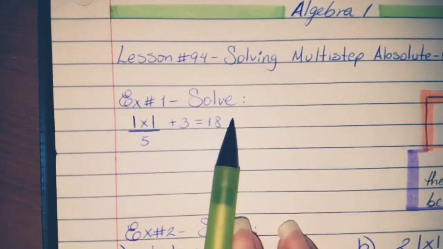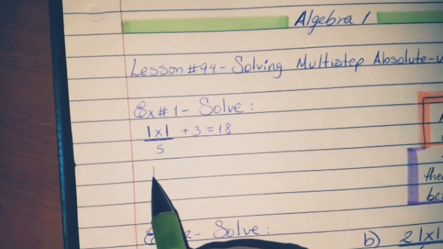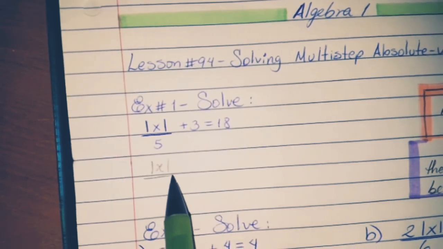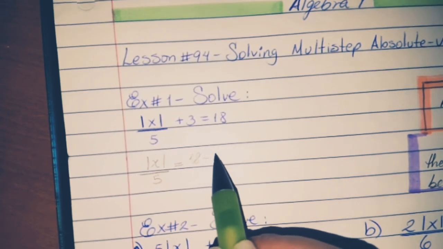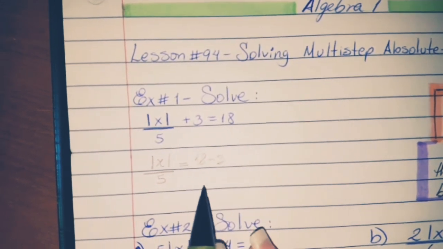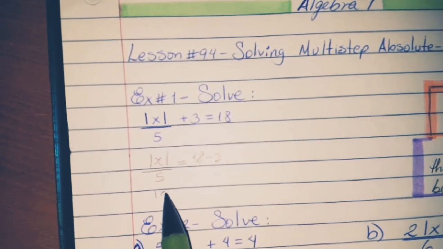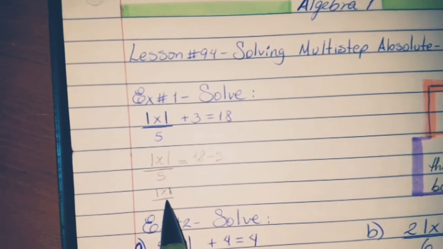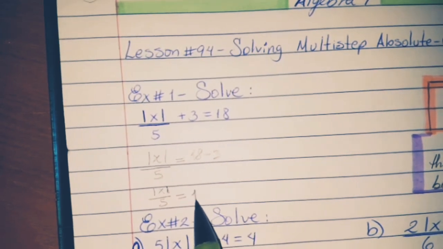That means I'm going to subtract it on this side of the equation. Absolute value of x divided by 5 equals 18 minus 3. Let's simplify that part. So absolute value of x divided by 5 equals 18 minus 3, 15.